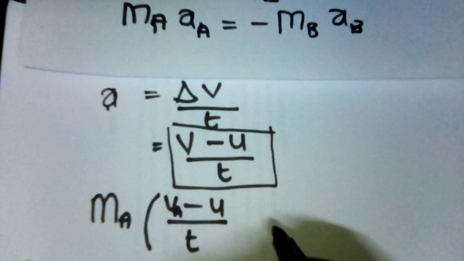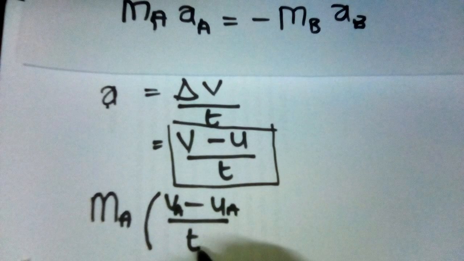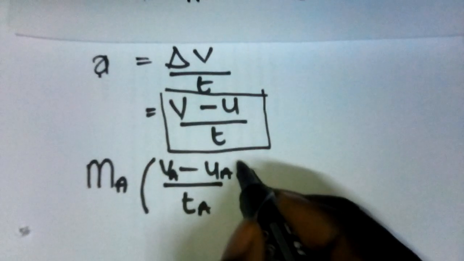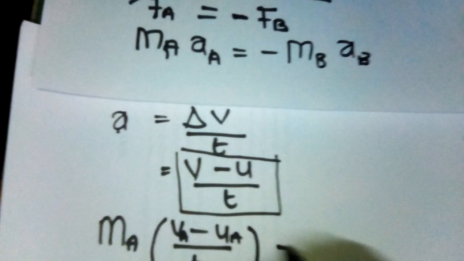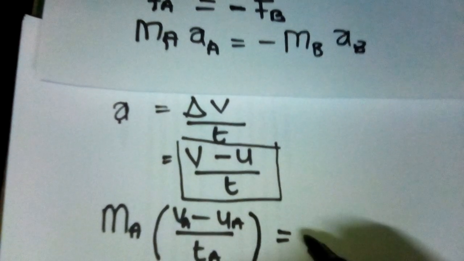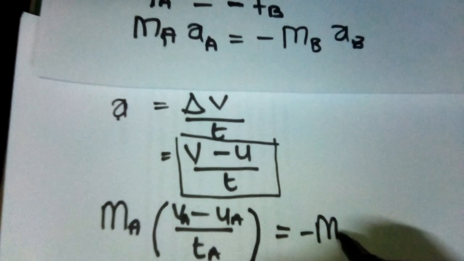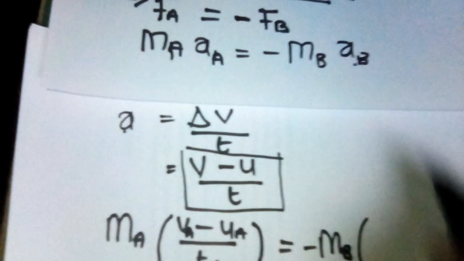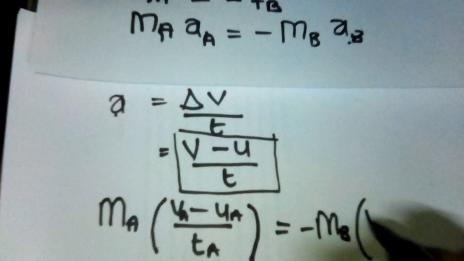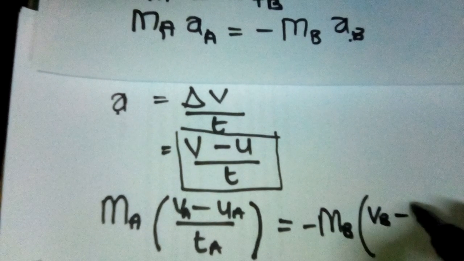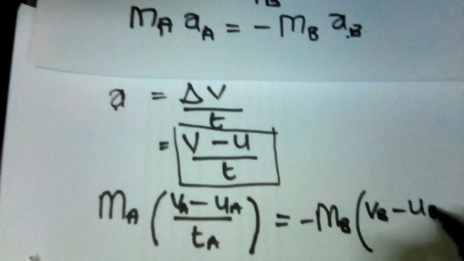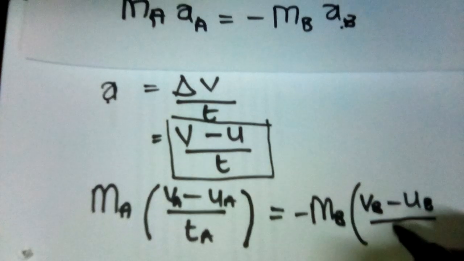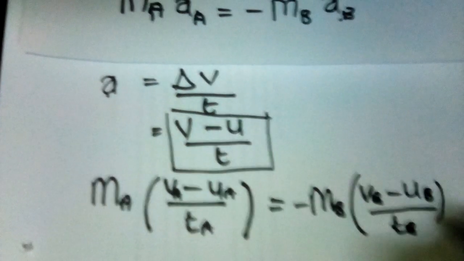Of course, this is for body A, and the time is the time for body A. This is equal to the negative mass of body B multiplying the acceleration of body B, that is VB minus the initial velocity of B over the time of B.